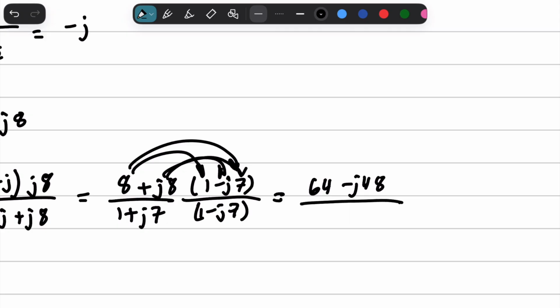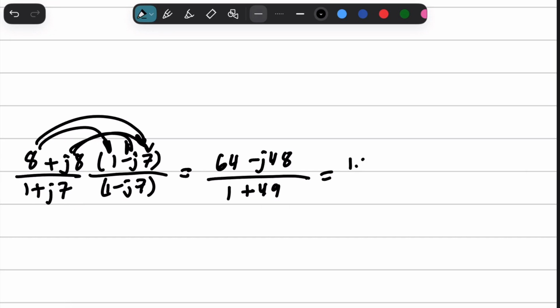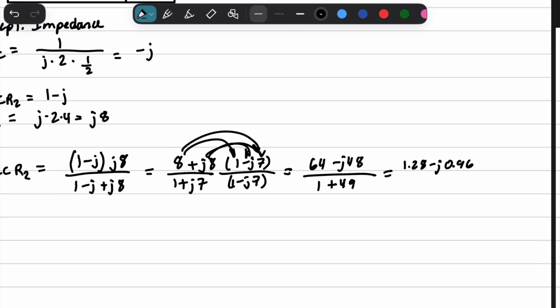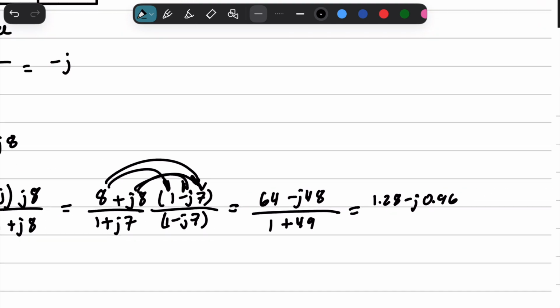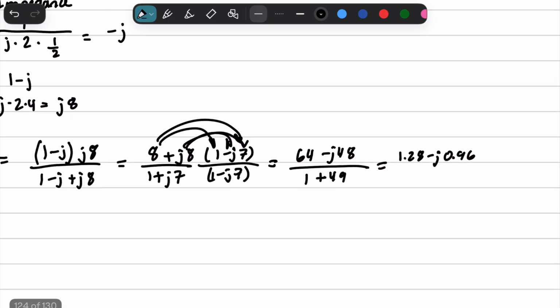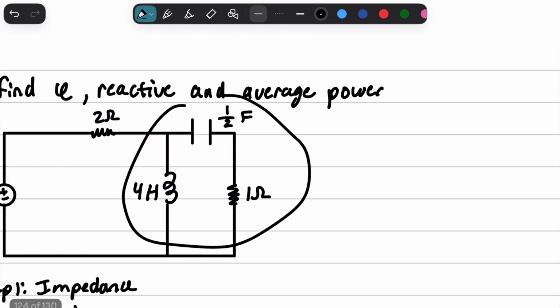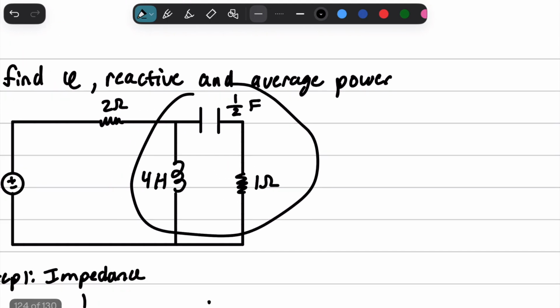And then down here, we're going to get 1 plus 49, which is just 50. And simplifying that down, we get 1.28 minus J 0.96. And so this configuration right here is 1.28 minus J 0.96, and we're going to add 2.